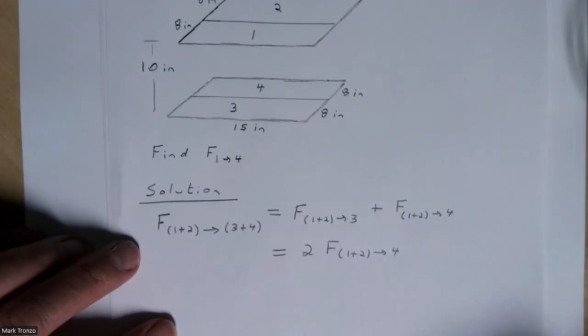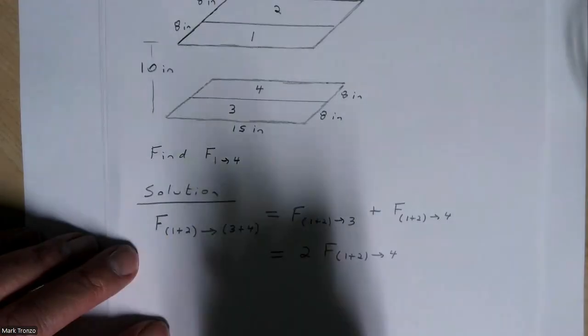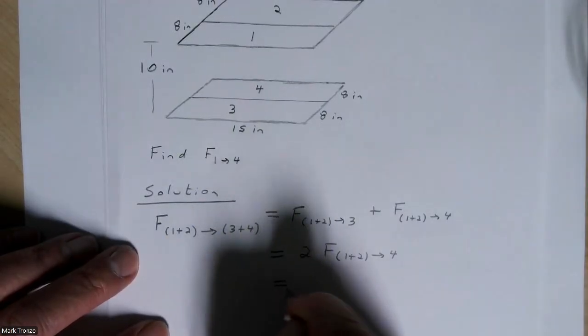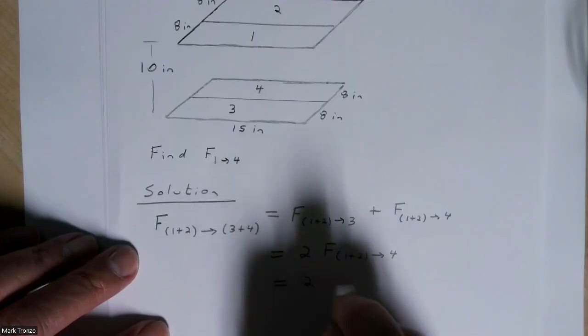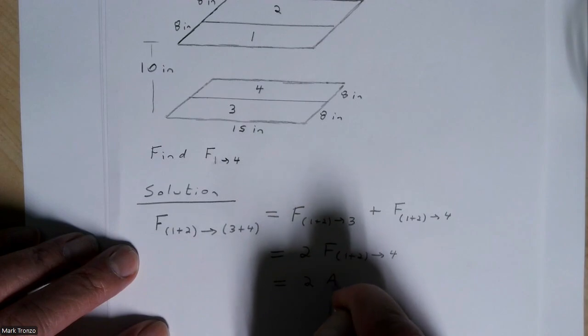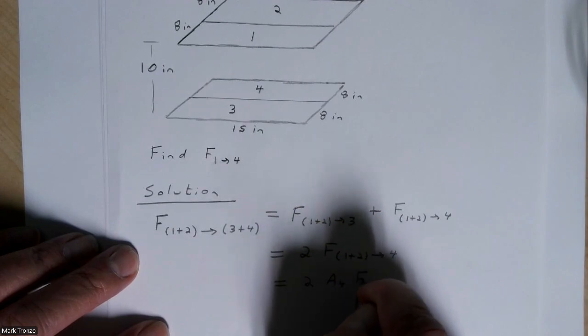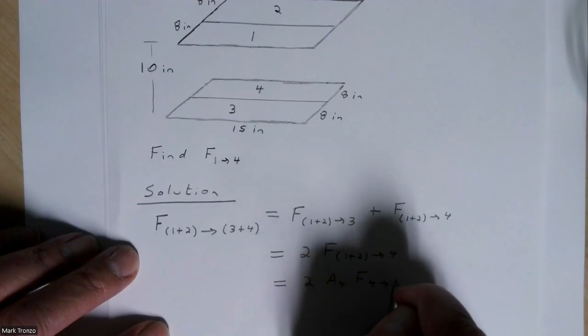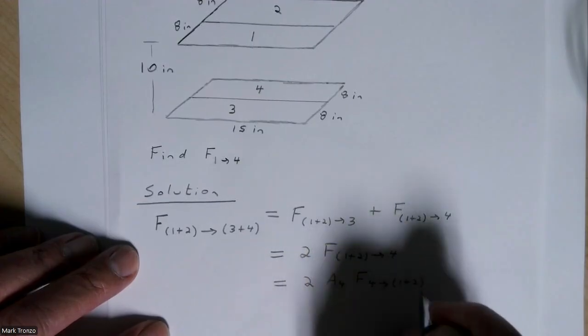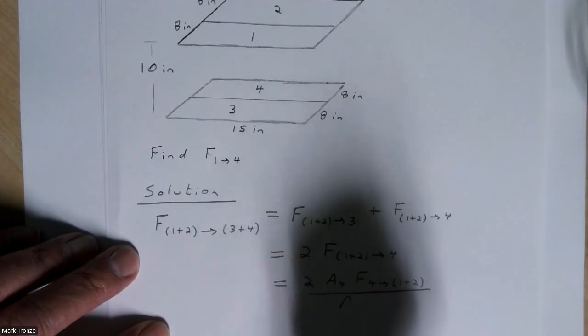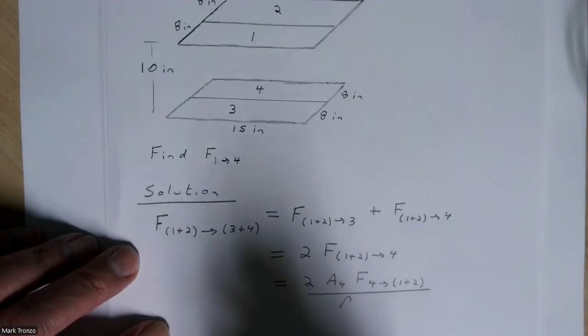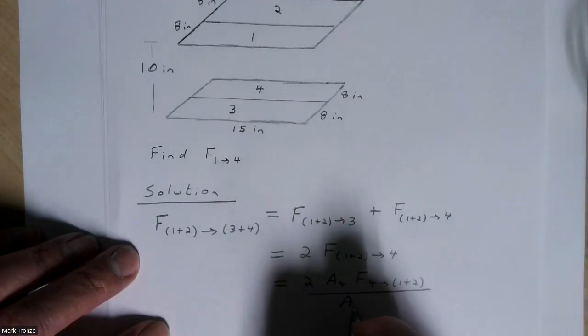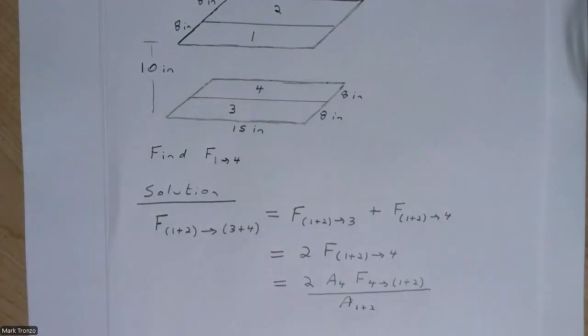So remember, using reciprocity, we can write this as A4 F4 to 1 plus 2 divided by A1 plus 2. That's just using reciprocity.